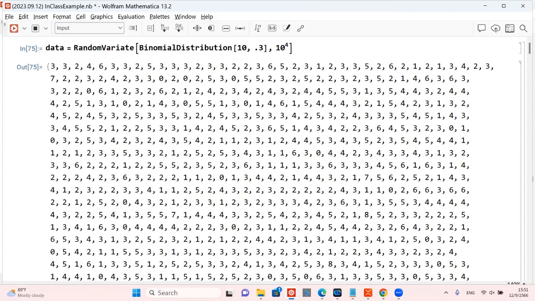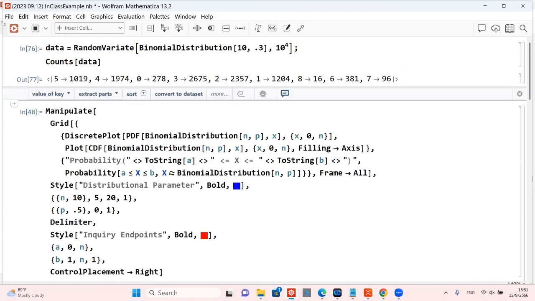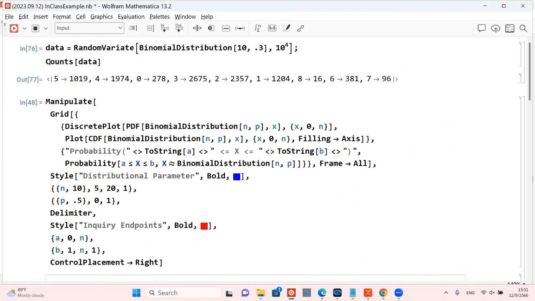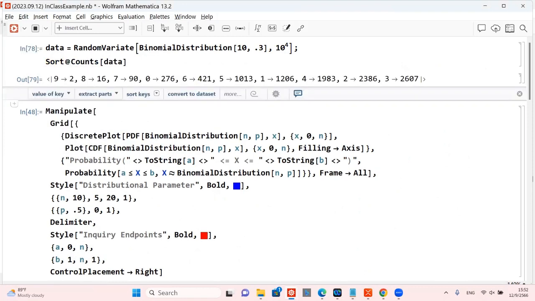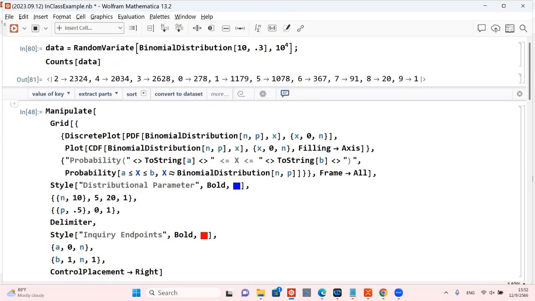Let's do this, COUNTS. Ah, see that? Now, this is not sorted. Basically, out of 10,000, you can see a lot more in 2 and 4 and 3.